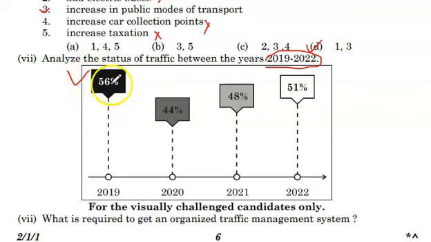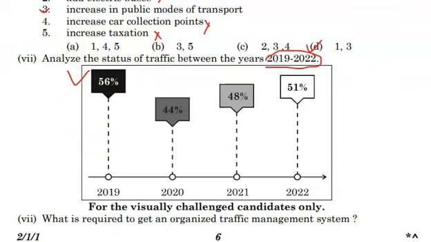As you can see, 56% is a higher percentage, and from there it is coming down to 44. From 44 again it starts going up, it goes to 48%, and then from 48 it goes up to 51%. So after 2020 the traffic shows an increasing trend. So this is your analysis.